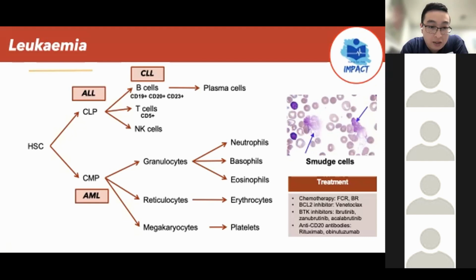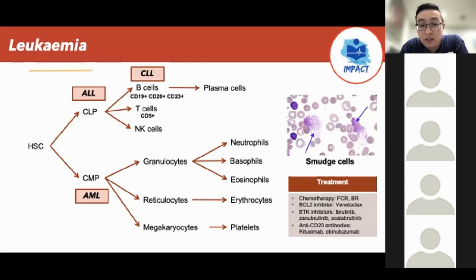FCR is very, very effective at eliminating CLL in these patients. There's an age cutoff for FCR. In patients that fit all of those criteria that are less than 65 years of age, we use FCR, which is a combination of fludarabine, cyclophosphamide, and rituximab.